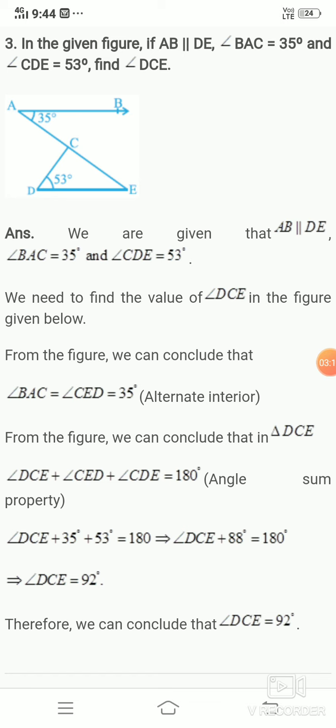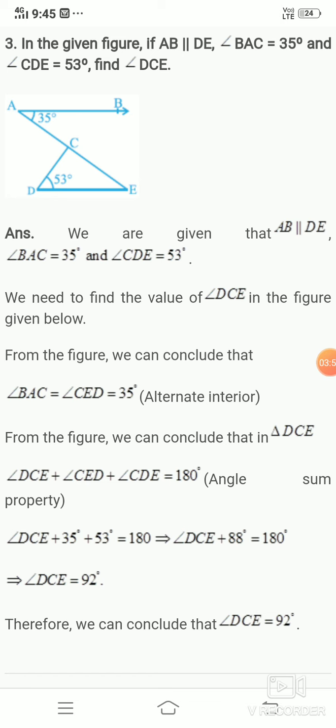Now we know that at D it is 53 degrees and at E 35 degrees, so we need to find only DCE at C. So angle DCE plus 35 degrees plus 53 degrees equals 180 degrees. Therefore DCE equals 180 minus 88 degrees. Therefore at C, angle DCE equals 92 degrees.